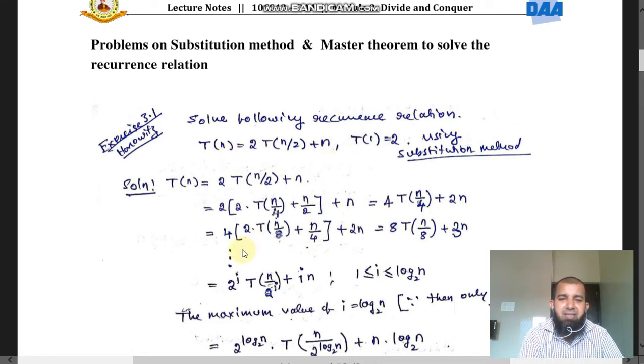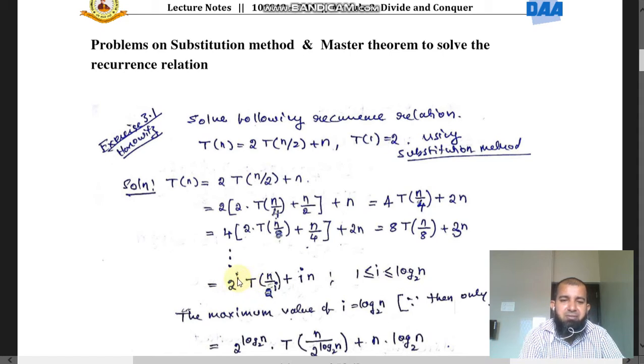In general, it is 2 to the power of i, T of n by 2 to the power of i, plus i n, where i is greater than or equal to 1 and less than log n base 2. You can put i as any value.